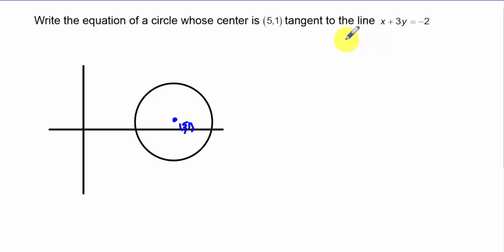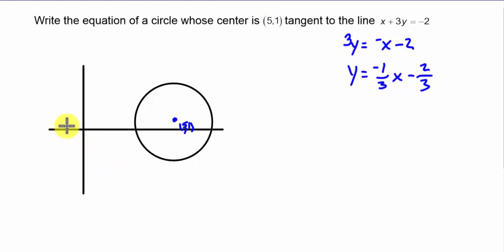So I've got 3y equals negative x minus 2, and y equals negative 1/3 x minus 2/3. So roughly, if I want to draw a tangent line, this is just going to be an iffy thing.